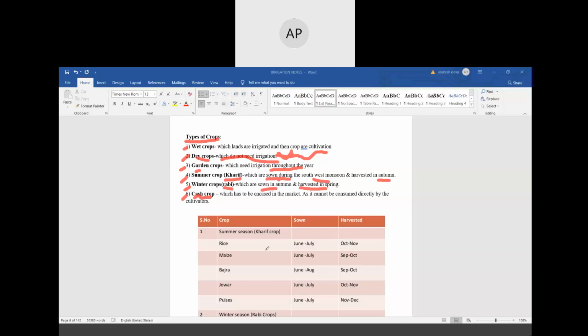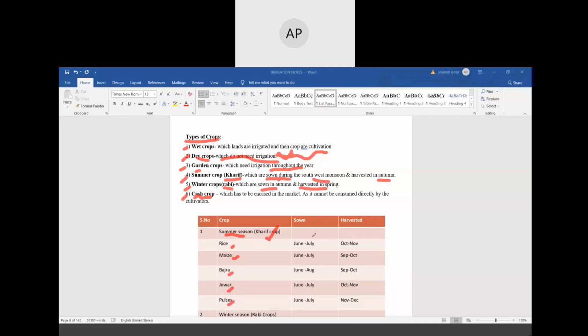Here we have some examples of crops. Summer crops, that is kharif, are rice, maize, bajra, jowar, pulses.